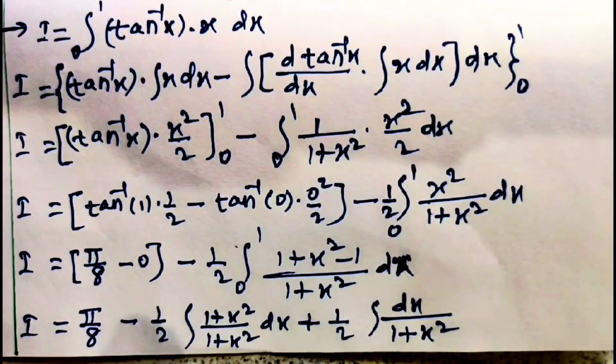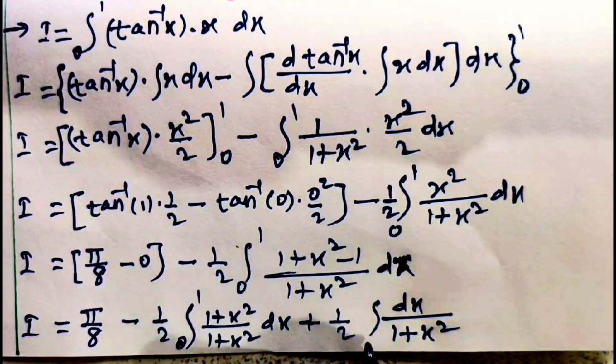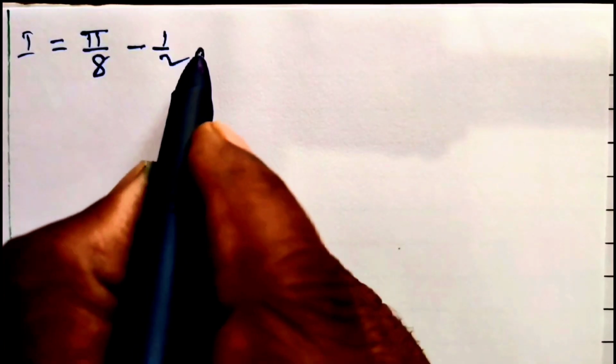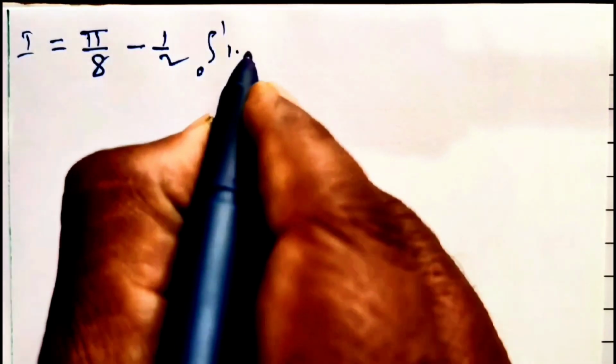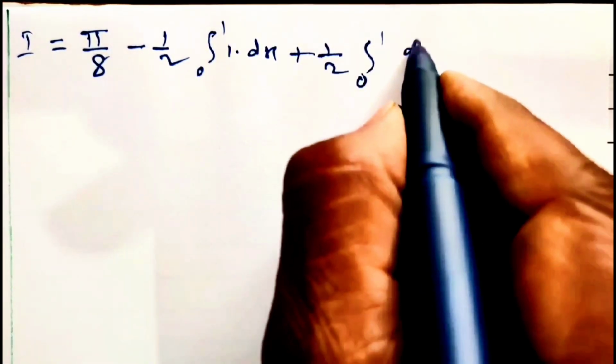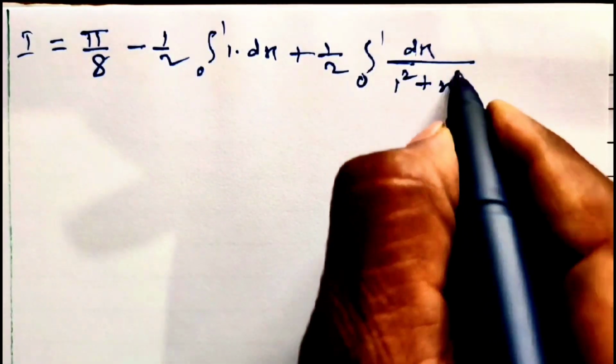Let us evaluate these two integrals, with limits from 0 to 1 here also and here also. Hence I is equal to pi upon 8 minus 1 upon 2 integral from 0 to 1 of 1 dx, plus 1 upon 2 integral from 0 to 1 of dx divided by 1 plus x square, which can be written as 1 square plus x square.